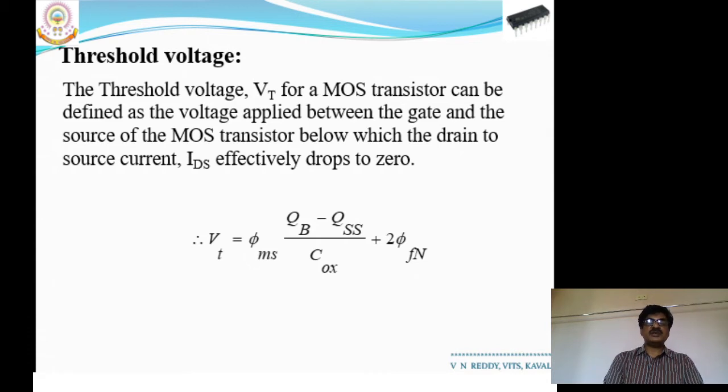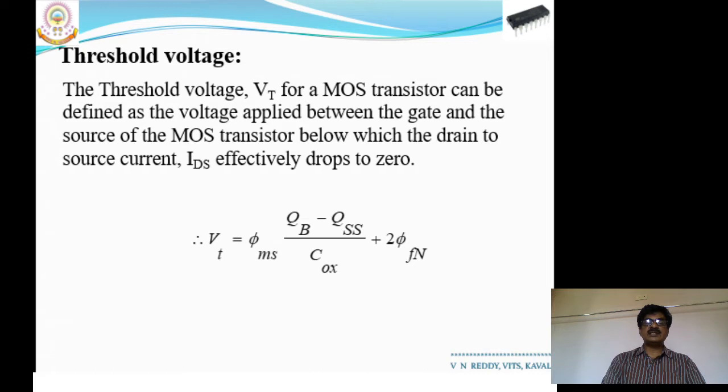Coming to threshold voltage, what is meant by threshold voltage? The minimum gate to source voltage at which the drain current starts to flow is known as the threshold voltage. In the previous class, from the transfer characteristics, we observed the relation between drain current versus VGS.